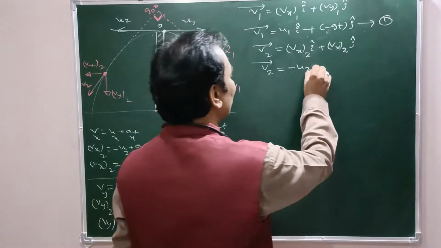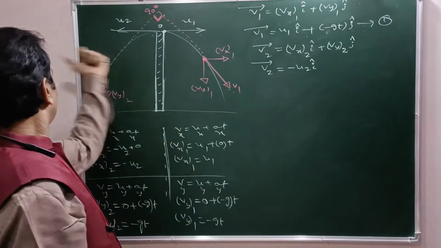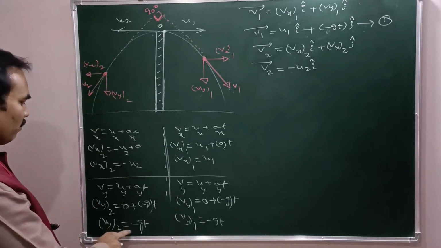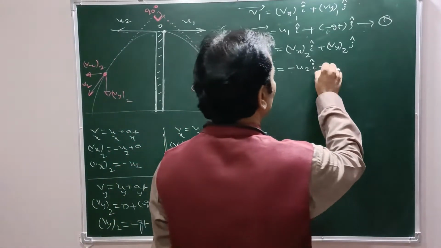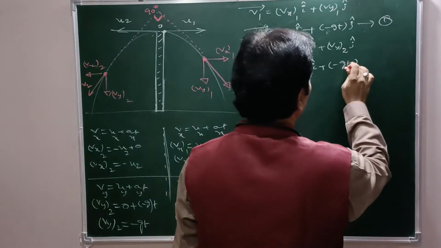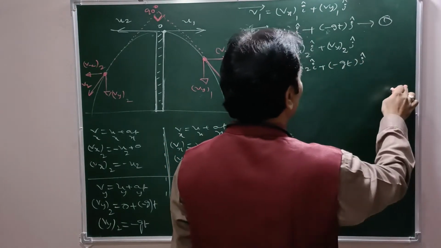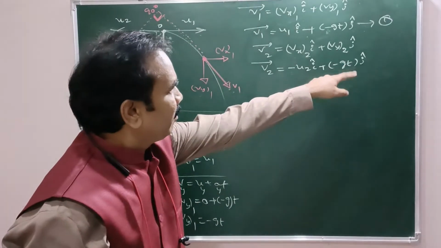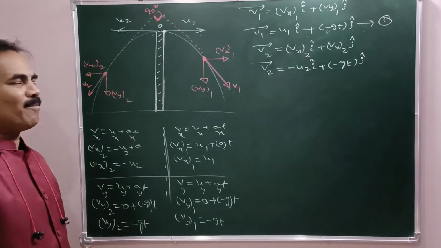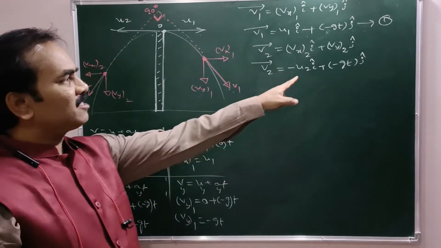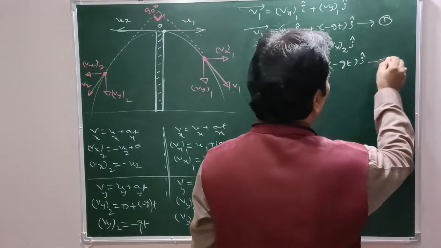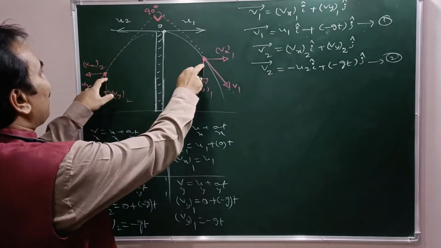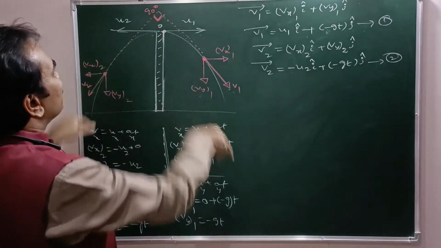That is minus u2 into i cap, minus gt into j cap. Here also the negative sign is already taken. So v2 equals minus u2 i plus or minus gt into j. So these are the given vectors, the instantaneous velocities for both projectiles t seconds after the projection.